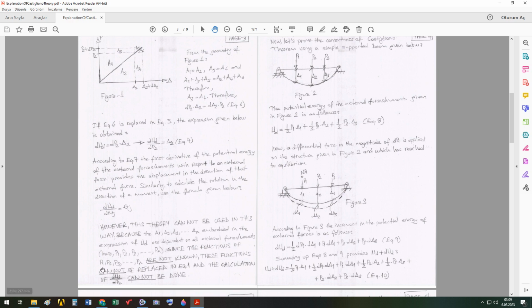Since the functions are not known, these functions cannot be replaced in equation 1, and this cannot be calculated.